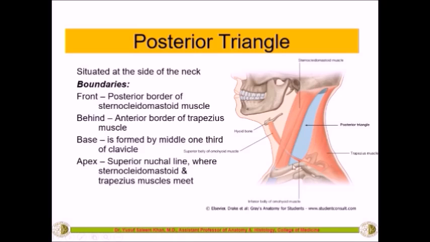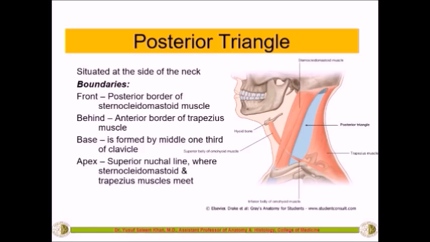Inferiorly we have the clavicle, which forms the base of this triangle, and the apex is toward the upper part near the superior nuchal line, where the sternocleidomastoid and trapezius meet. So these are the boundaries of the triangle.